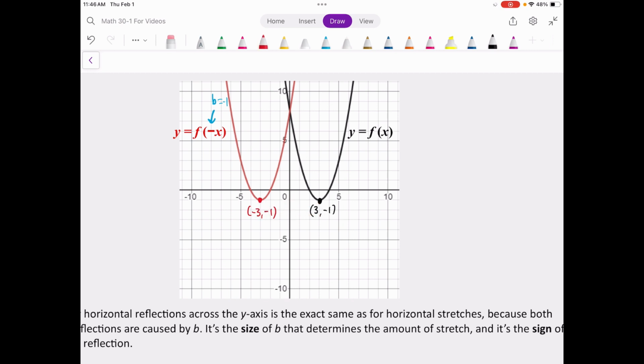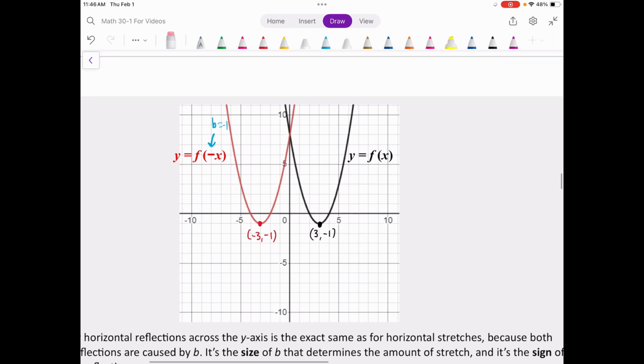Notice that they're equidistant from the y-axis. The y-axis is acting kind of like our mirror here for the reflection. We could do this with any points. Every x coordinate on this black one has just been multiplied by -1 to get the corresponding image point on the reflected graph, the red one. We can see there that 2, 0 became -2, 0.